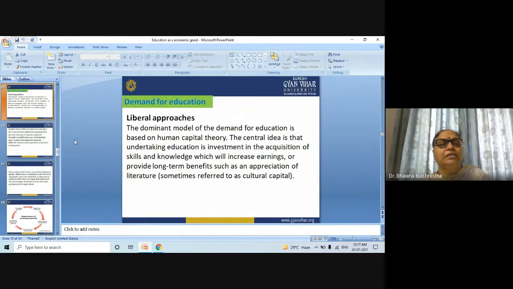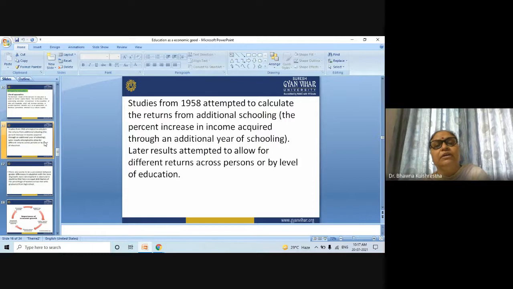These are the demand of education and the studies from 1958 that attempted to calculate the returns from additional schooling: the percentage increase in income acquired through the additional year of schooling.